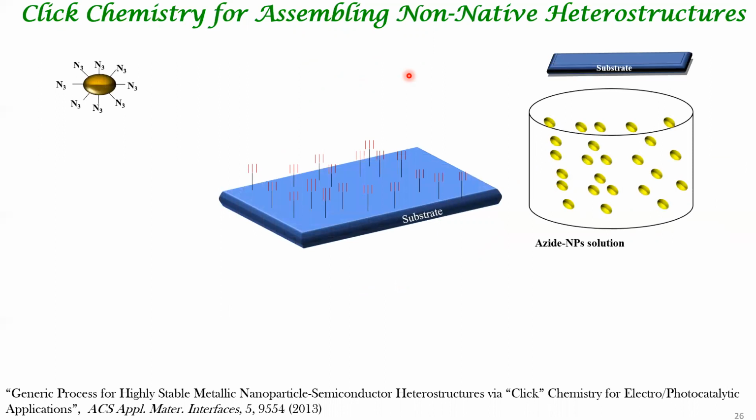We have demonstrated this for a variety of systems. This is a very important system. We have addressed this in a variety of electrochemical contexts. In the photoelectrochemical context, it is a very stable approach to forming a non-native and native heterostructure.